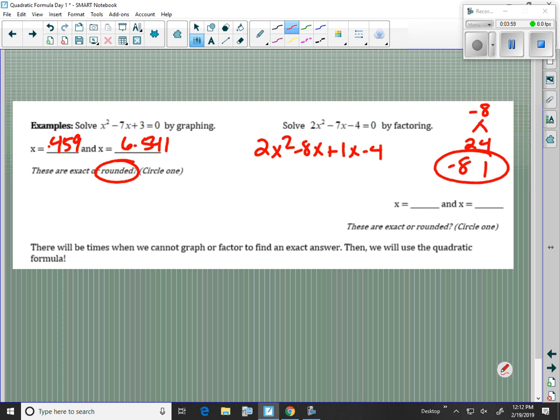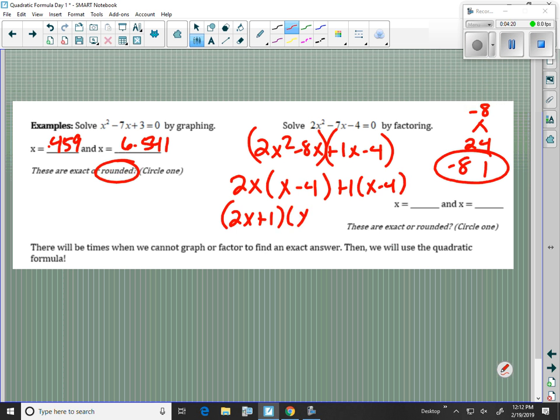So split our middle into -8x plus 1x. And then we can group. So we should get 2x plus 1 and x minus 4. Okay, now that's the factored form.